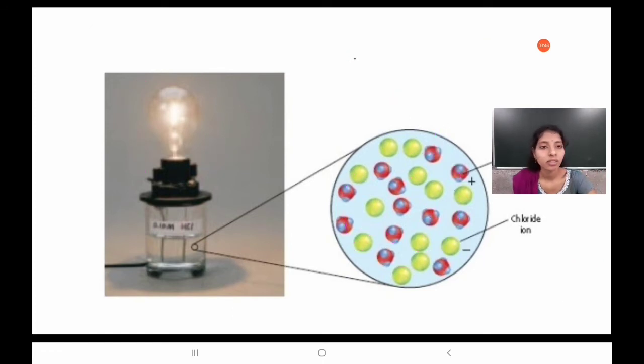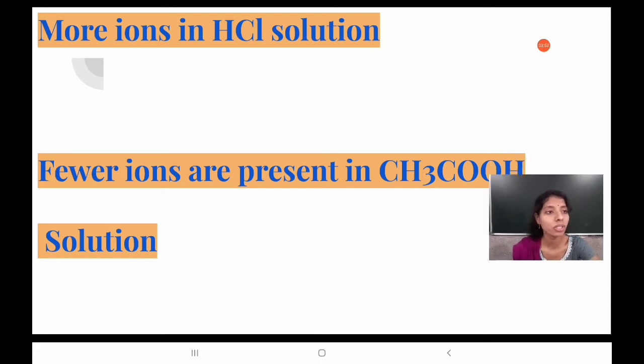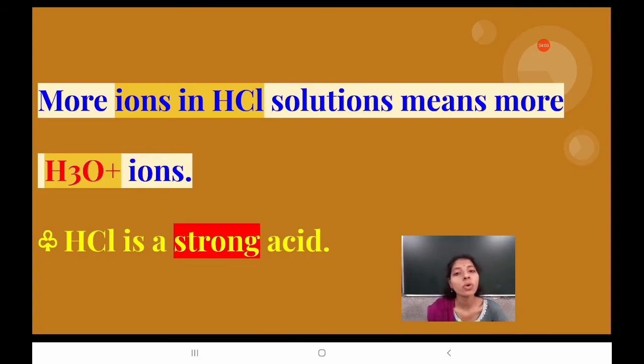So we can see that in HCl more ions will be present, and in acetic acid solution fewer ions will be present. So this will give more ions in HCl, means more H3O+ ions, right?